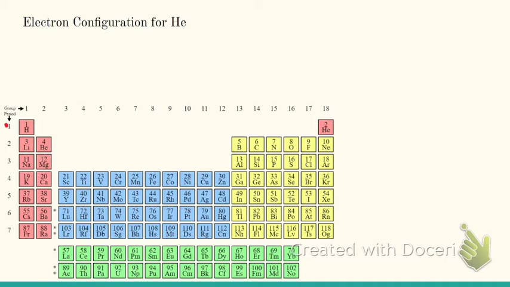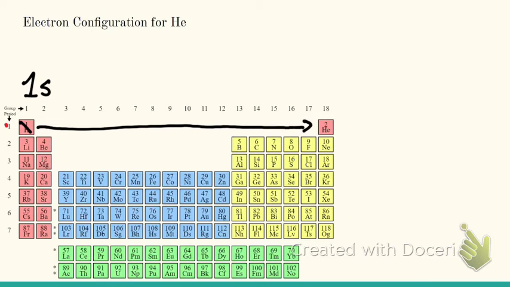We are entering into that s block, and it's going to take 1, read all the way over to 2. So it's going to take 2 electrons to get to our helium, and so our electron configuration is going to be 1s2.